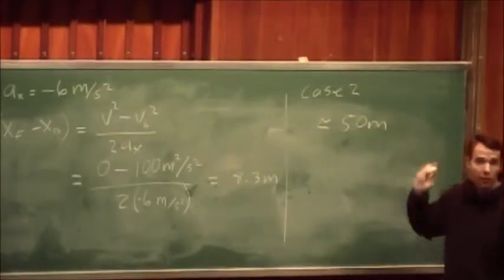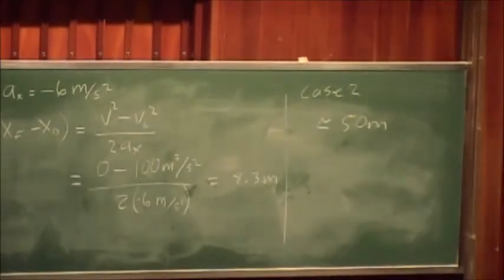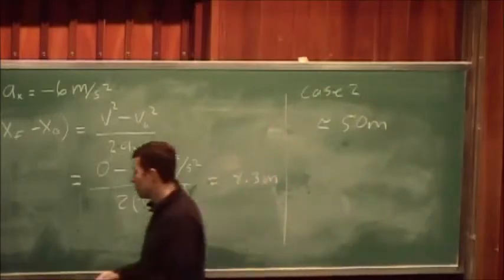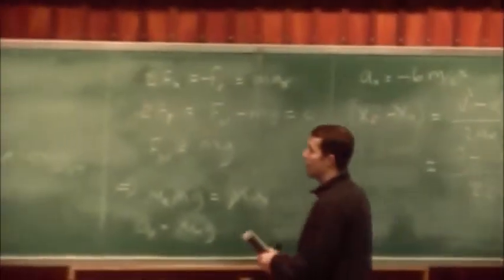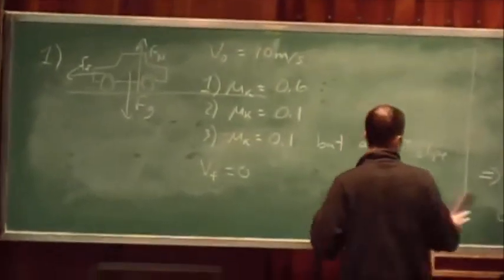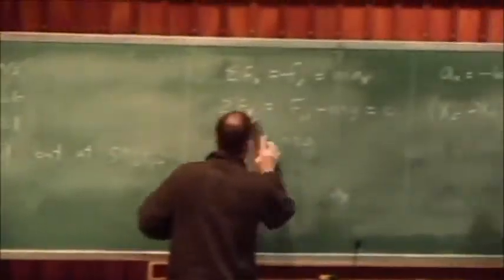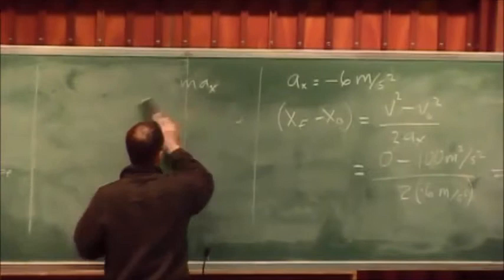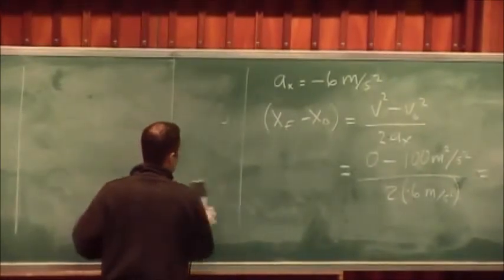That just means approximately 50 meters to stop. Pretty dramatic. Now, case 3 is a little bit harder, because now we have to rewrite all of our equations because we're going down a slope.